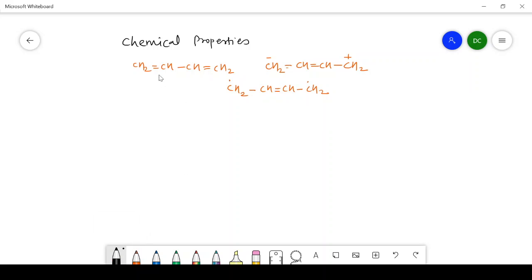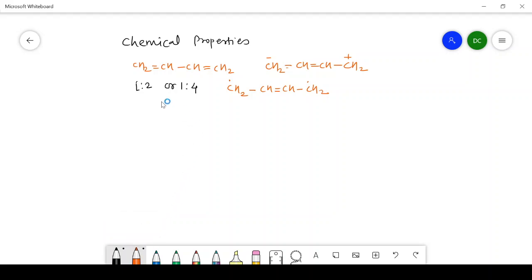There are two double bonds in this structure. That's why this butadiene undergoes addition reactions, and in addition reaction it will show either 1,2 addition or 1,4 addition. Now what is the meaning of this 1,2 addition and 1,4 addition?